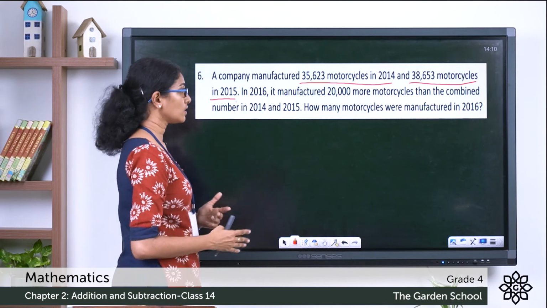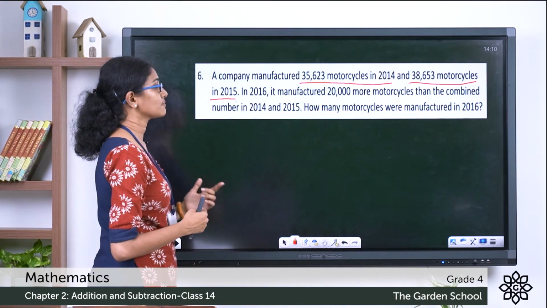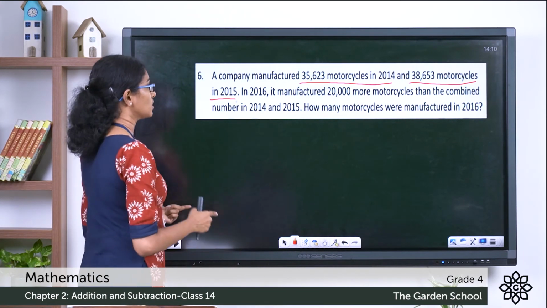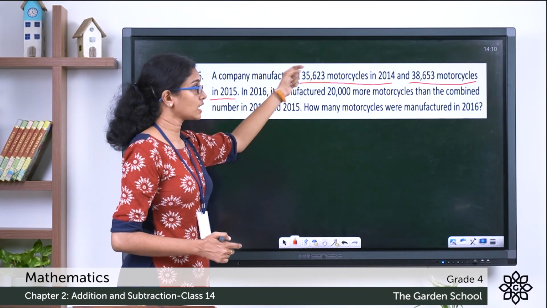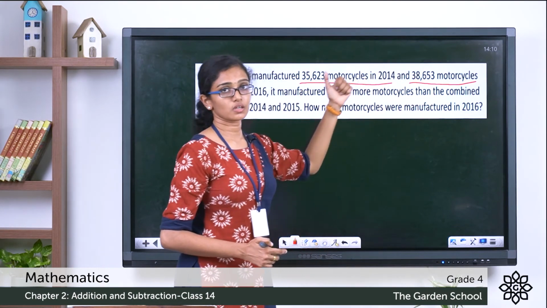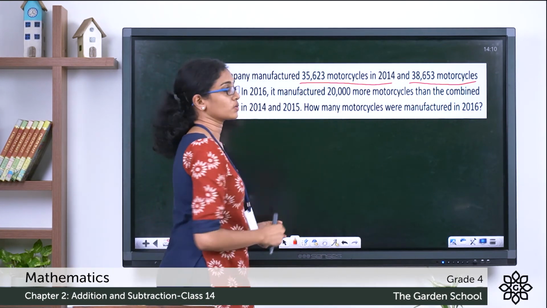So we have to find out the total number of motorcycles manufactured in 2016. So that would be equal to the number manufactured in 2014 plus the number manufactured in 2015 plus 20,000, right?